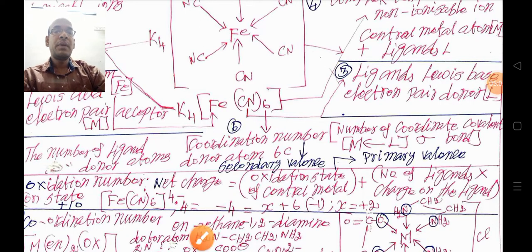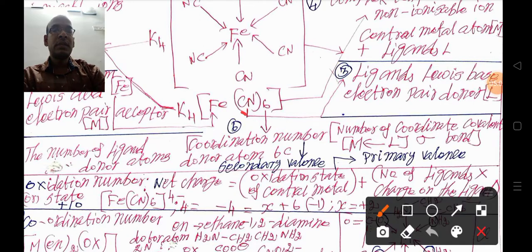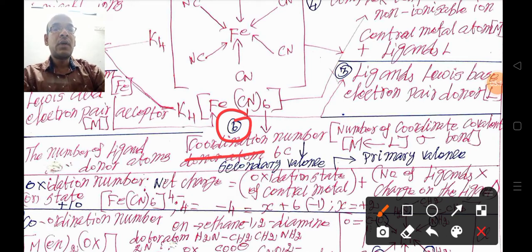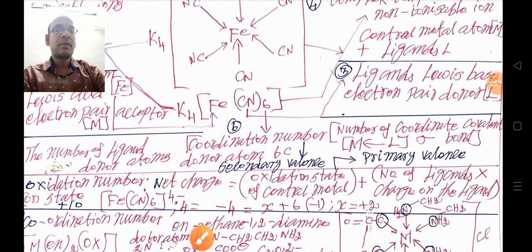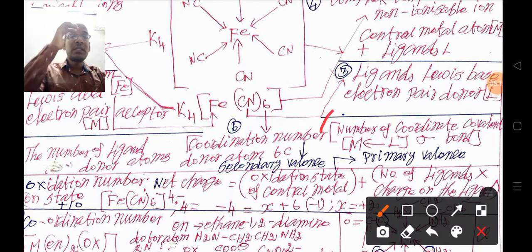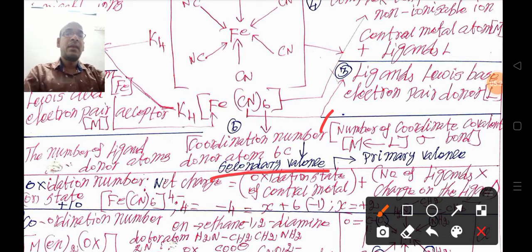Sixth term is called coordination number. Coordination number is also called the secondary valency.